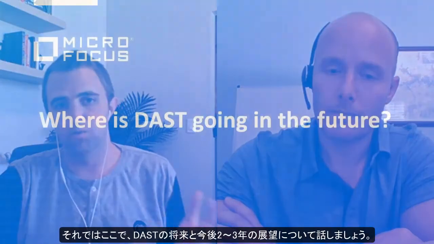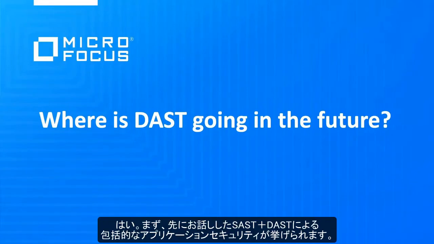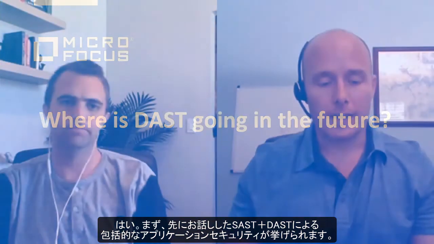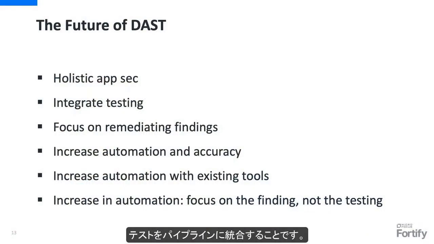Well, let's talk for a minute about the future of DAST and where you see DAST going in the next couple of years. Sure. Yeah, I think it's a lot of that holistic application security, which is what we've really seen from our customers. Where we really see the industry going is about getting testing integrated into pipelines, so that there's as little human interaction as possible, so that you can really focus your time on remediating findings.